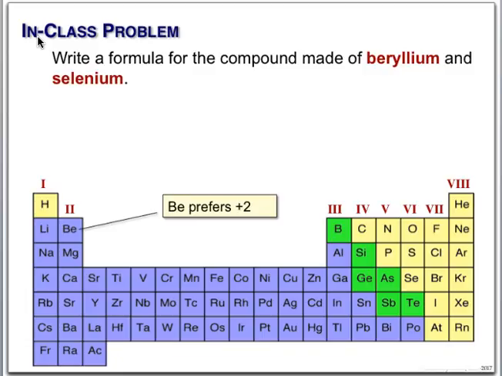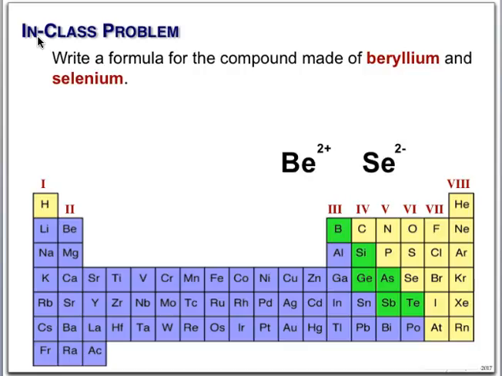Now, let's go ahead and write our simple structure here. If we did what I just said, and that is to write BeSe and take our charges and put them there, we would get Be2Se2, wouldn't we? But we know that's wrong, because that's not the simplest whole number ratio, is it?